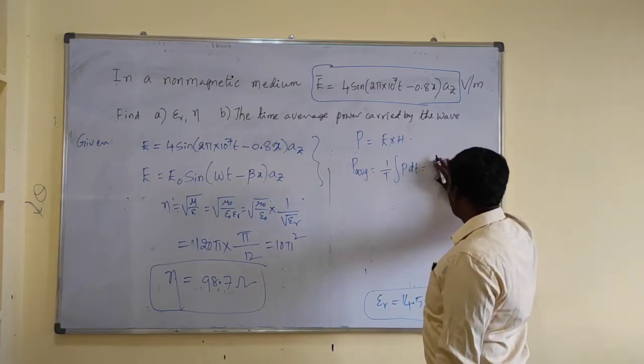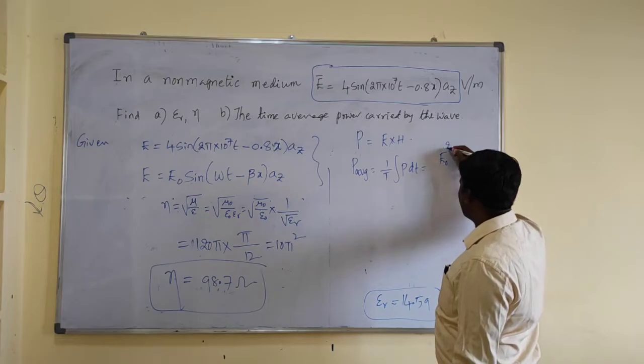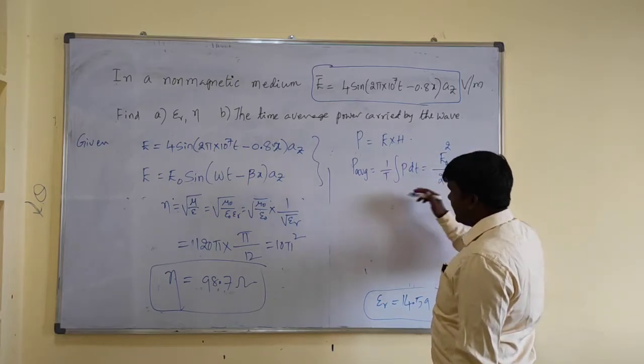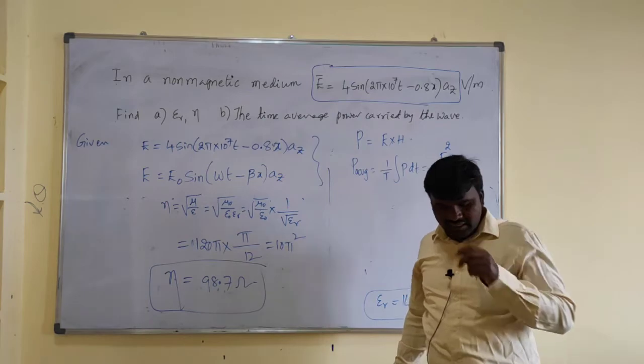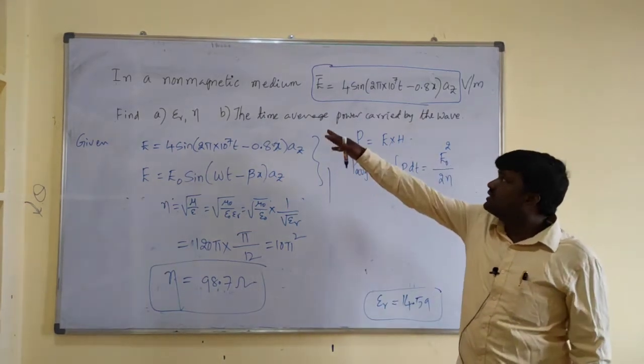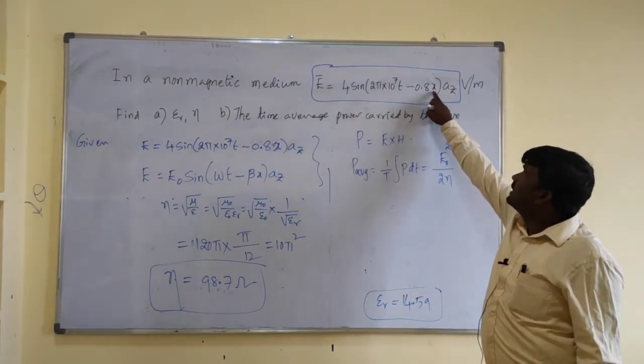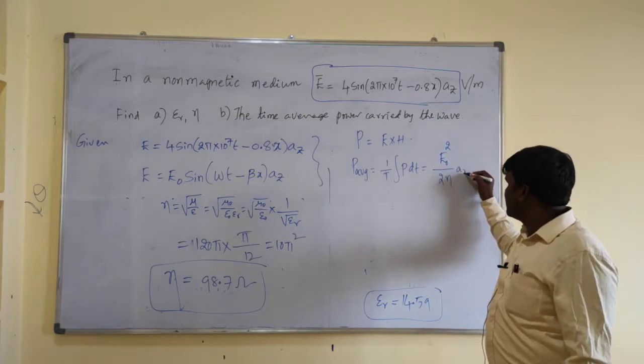After simplification, we get E naught squared by 2 eta, and the direction of P average is along the wave direction. In this case, the wave is traveling along the x direction.